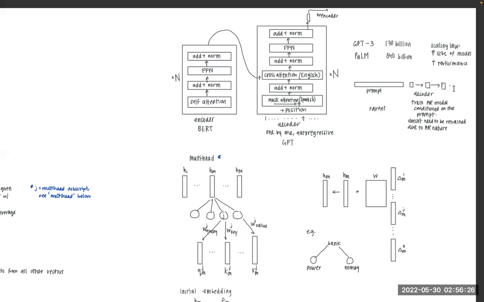For example, in a recent example, suppose you ask the system to solve a very complex, difficult reasoning problem, doing multiple rounds of reasoning. If you just ask GPT-3 to solve this problem, the quality of the answer is not very good, for example, only 17% correct. But if you add the sentence, let's think step by step, then suddenly the performance jumps to more than 70%.